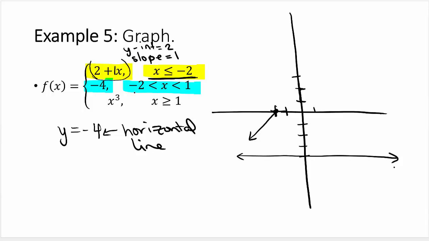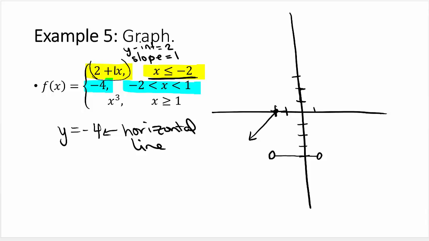But in this case, we're just limiting it from -2 to 1. And because these are strict inequalities, I know when x is equal to -2, I would have an open circle there. And when x is equal to 1, the same thing. I would have an open circle when x is 1. So it's really just that portion of the horizontal line between -2 and 1.